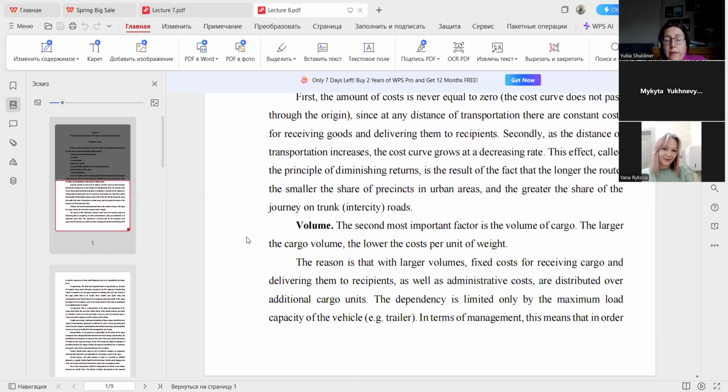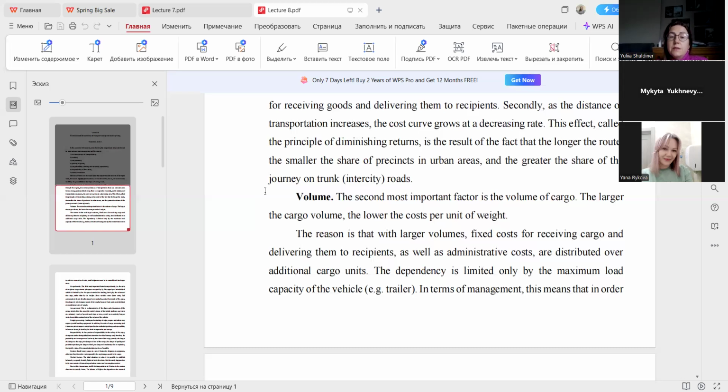Volume. The second most important factor is the volume of cargo. The larger this cargo volume, the lower the cost per unit of batch. The result is that with larger volumes, fixed costs for receiving cargo and delivering them to recipients, as well as administrative costs, are distributed over additional cargo units.